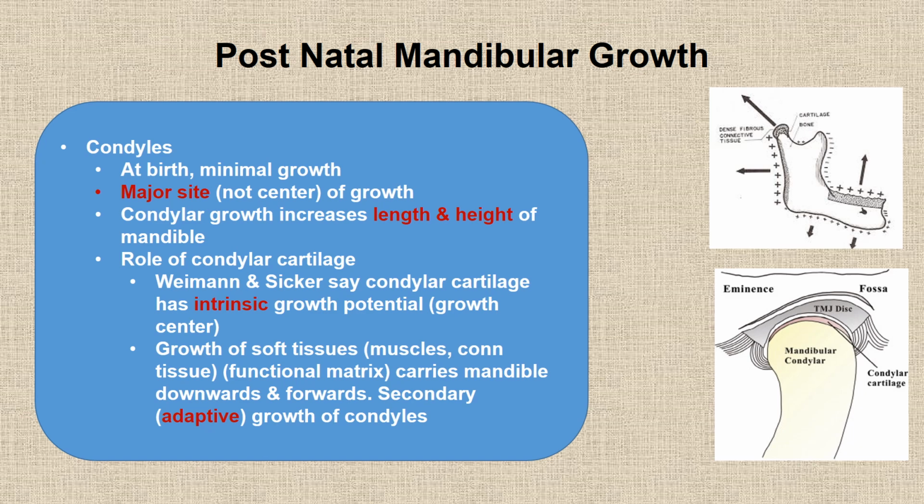But the current opinion is that it's the growth of the soft tissue or the functional matrix, namely the muscles and the connective tissue, which carries the mandible downwards and forwards, and this causes secondary adaptive growth of the condyles.